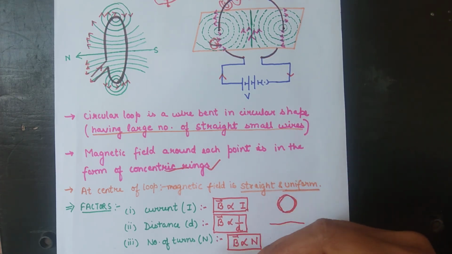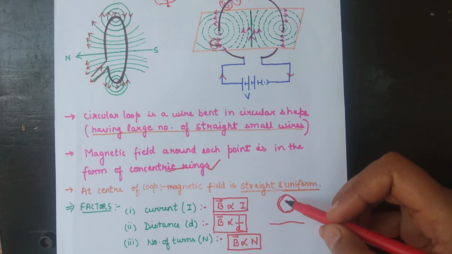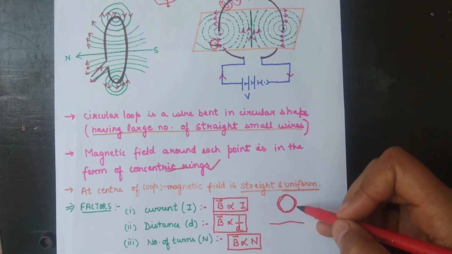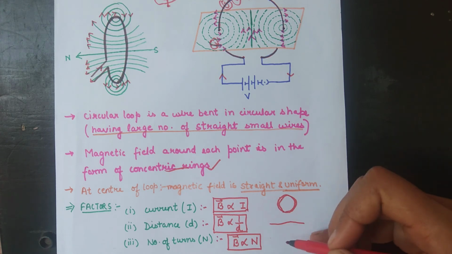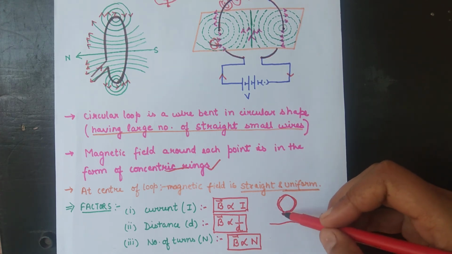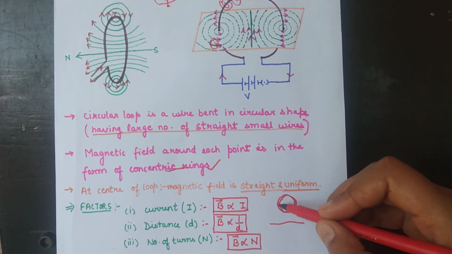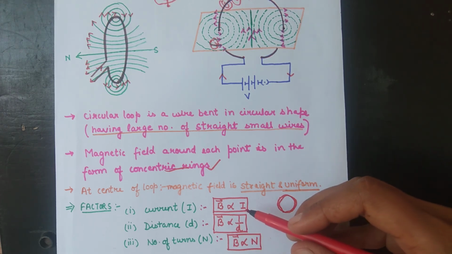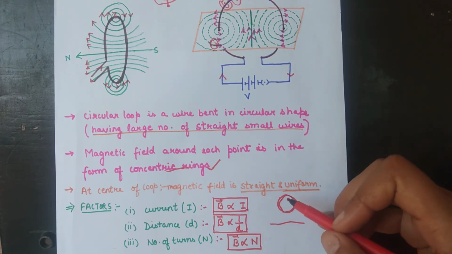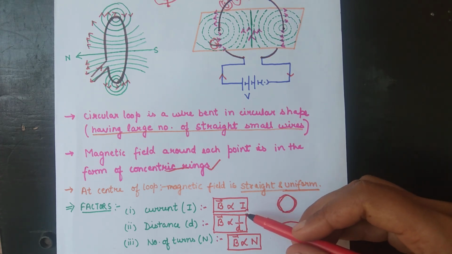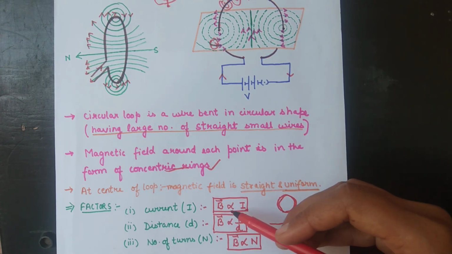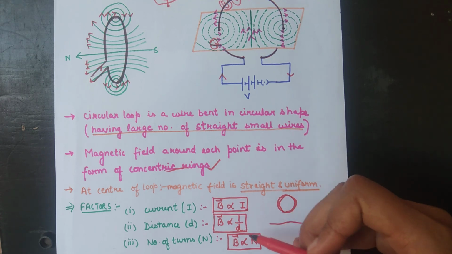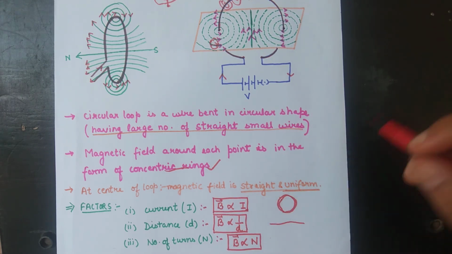So when we increase the number of turns, the magnetic field also increases, because the flow of current will also increase. If the number of turns increases, the amount of current consumed will be more, and in that case the magnetic field will be more. Okay, so this is the topic.